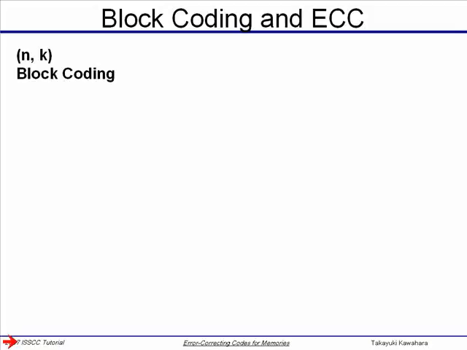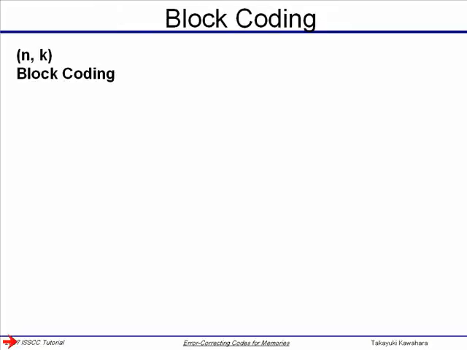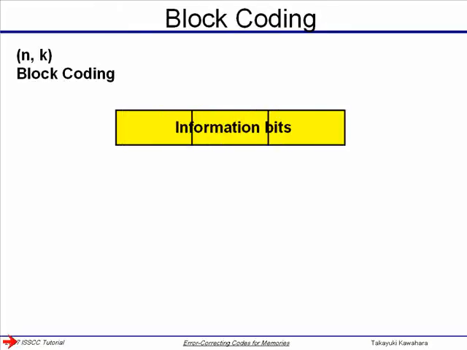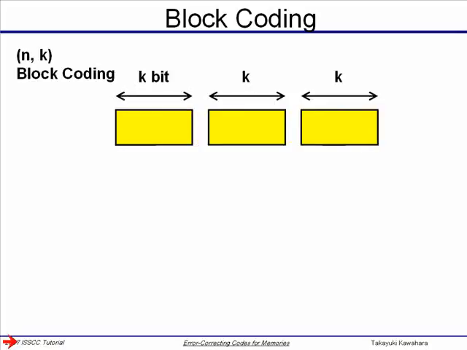One is block coding. If we have information bits of some length, block coding means we divide them into blocks. The block length is k bits, and block coding means we code it as a unit of these k bits.